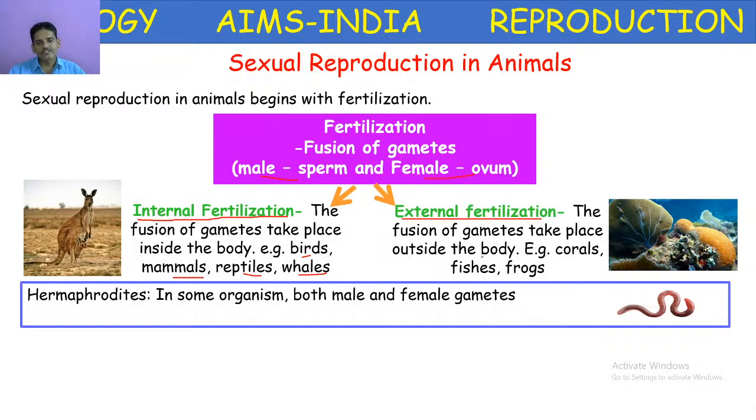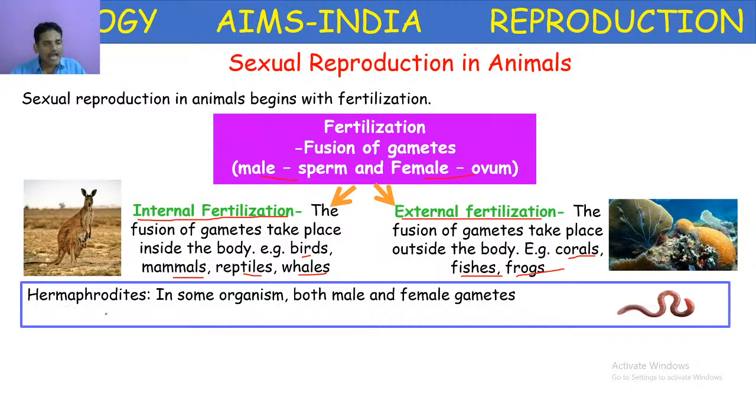The fusion of gametes takes place outside the body of the female animal. It is called external fertilization. Example, corals, coelacanths, fishes, and frogs, amphibians.